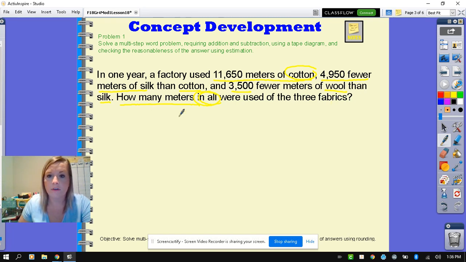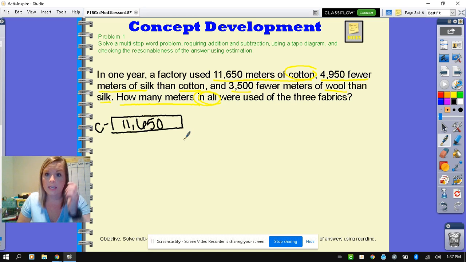So I'm going to start off by making a tape diagram. The tape diagrams on these really help me. We know for sure what cotton has, so I'm going to label this a C for cotton. Cotton has 11,650 meters. Okay, so we have that. So now we have silk. There are 4,950 fewer meters of silk than cotton.